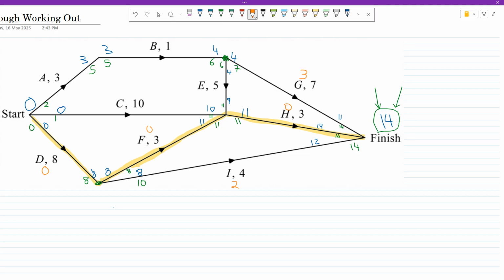I've already done G. Looking at B, float time of 2. Looking at C, float time of 1. Okay, and looking at A, 0, 2, so the float time of 2 for A. I believe I've done the float time for all of these activities. Oh, for E I haven't. So for E, 6, 4, float time of 2. I believe that's all of them.